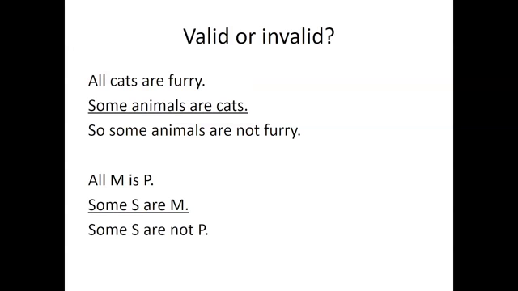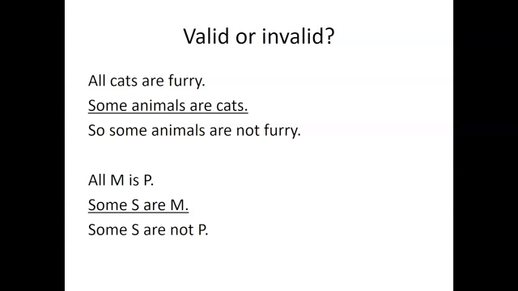Okay. All cats are furry. Some animals are cats, so some animals are not furry. All M is P, some S are M, so some S are not P. Well, we can immediately see what's wrong with this one, I think by now, because we should be used to the four rules. And the problem here is that the conclusion is negative, some S are not P, but there's no negative premise.